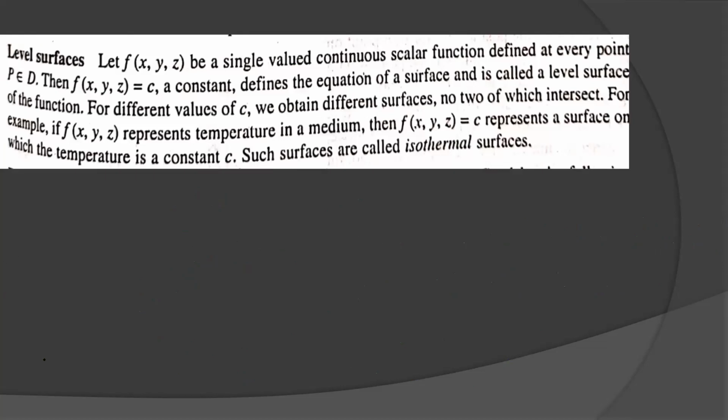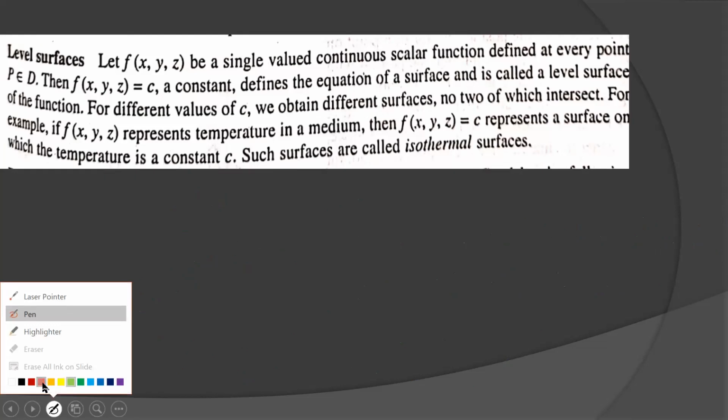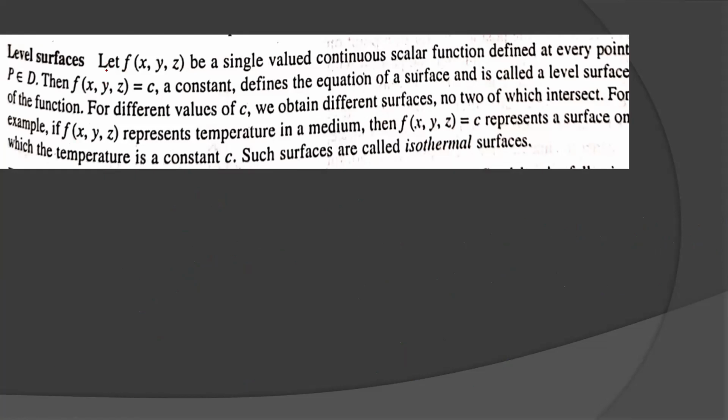Third, what is a level surface? A very important definition. Let f(x, y, z) be a single valued continuous scalar function, meaning it has only a unique value, defined at every point P in domain D. Then f(x, y, z) equal to c, a constant, defines the equation of a surface and it is called a level surface of the function.